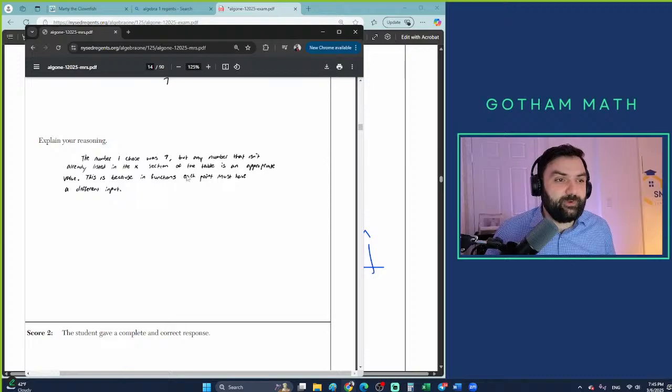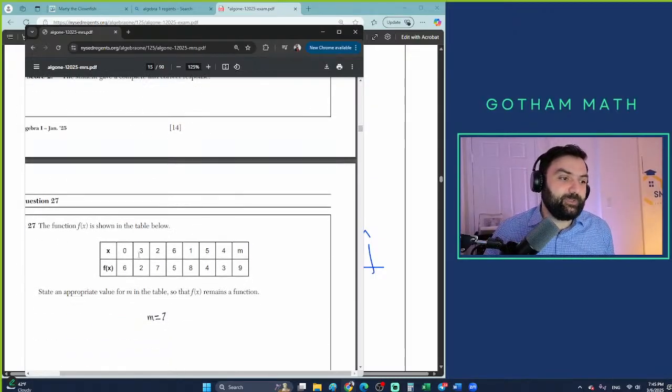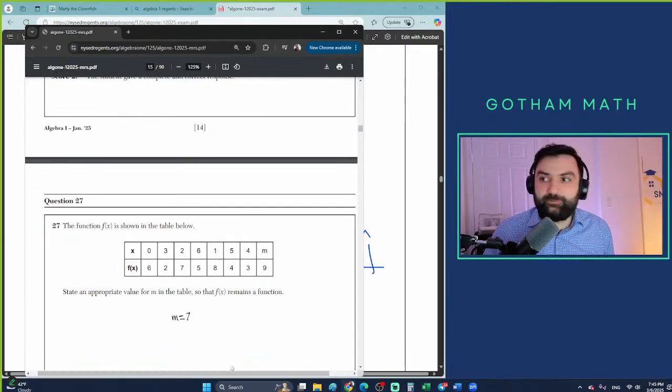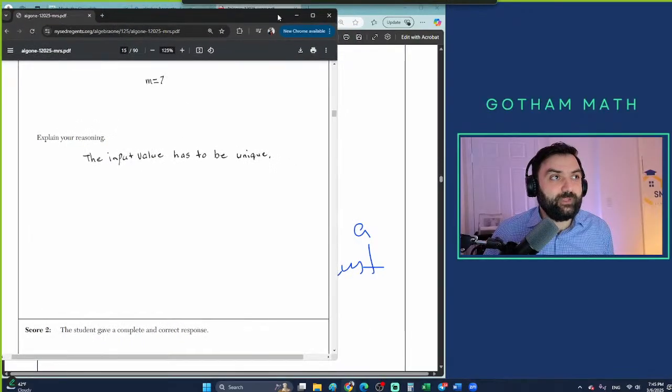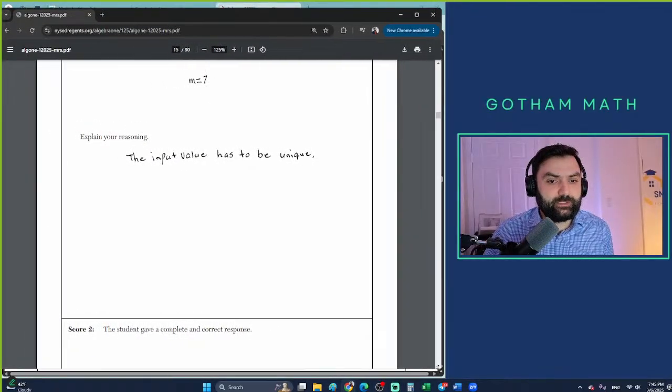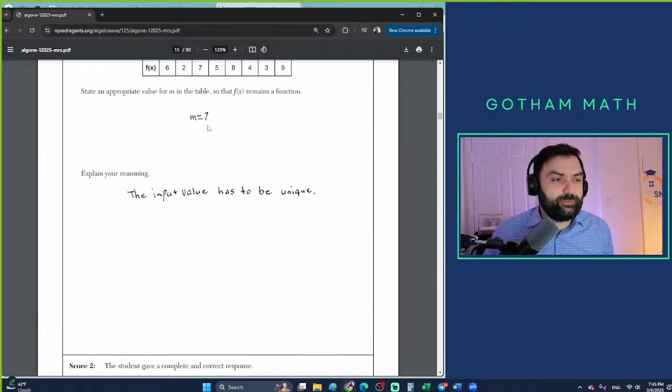This is because the function must have a different input. Yes, that's exactly what I have just said, and it makes total sense. Another score 2 is also 7, and it says the input value has to be unique. Very short and very correct.